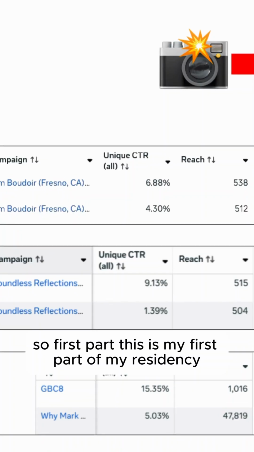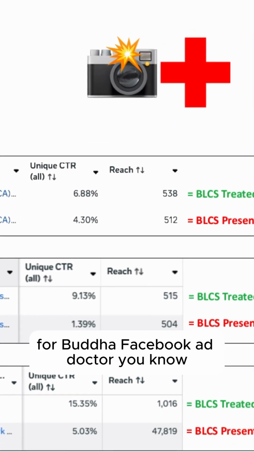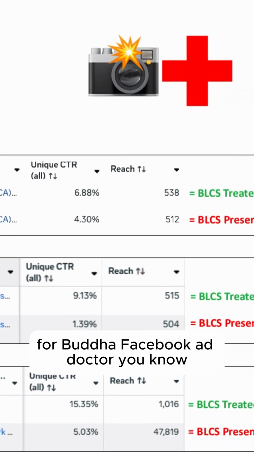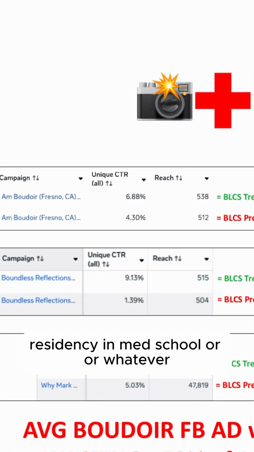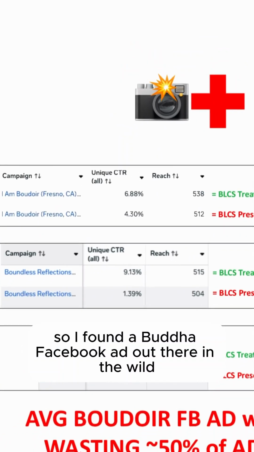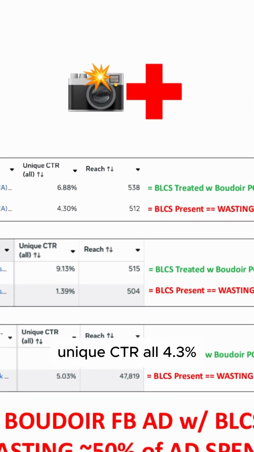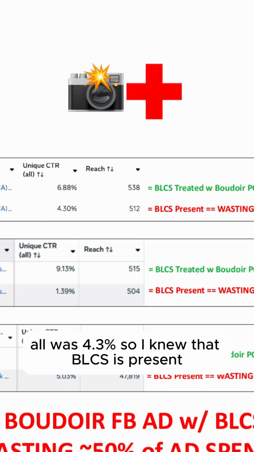So this is the first part of my residency for Boudoir Facebook ad doctor, like residency in med school or whatever the progression was. I found a Boudoir Facebook ad out there in the wild. I took it in the hospital, tested it, and found out unique CTR was 4.3%.